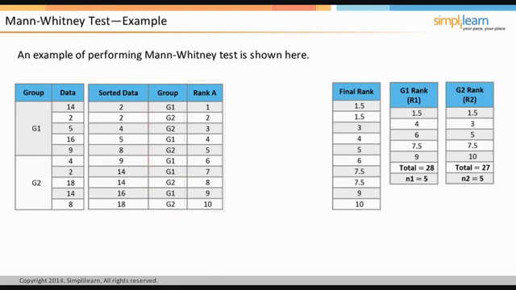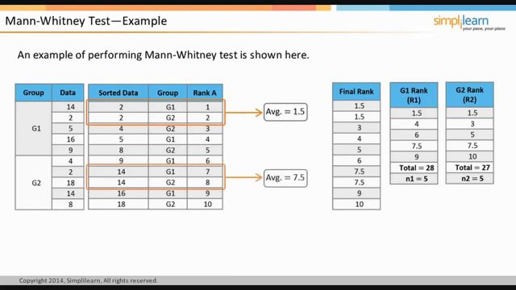Next, rank the groups from 1 to 10 and check if any values are identical. Take an average of the ranks of the identical values and place it against the identical values in the final rank column. Hence, the average final rank is 1.5 for ranks 1 and 2. Similarly, the average final rank is 7.5 for ranks 7 and 8.